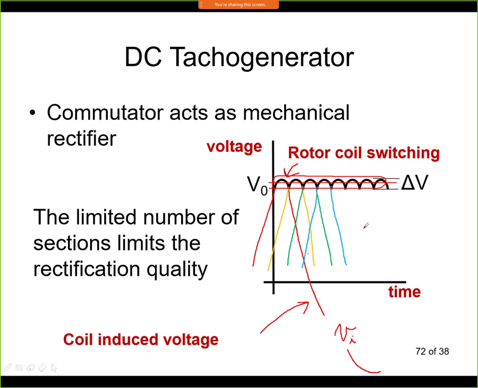Therefore, on the output of the DC tachogenerator, you will always find this delta V component, and this delta V component is a function of the number of sections. If it has more sections, it will be smaller. If it has fewer sections, it will be larger. And we can say that this is the error of speed measurement that we can make.